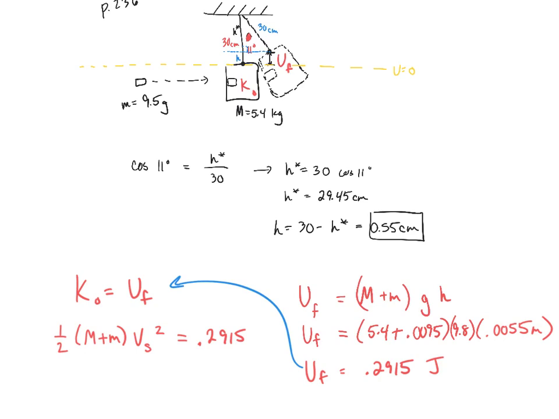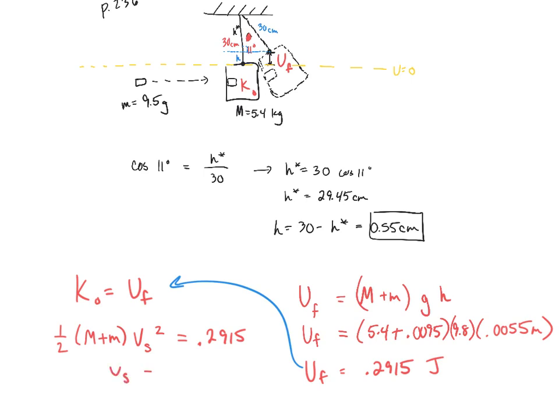So give me the velocity of the system, which is the velocity at this moment right here. That's what we're solving for right now. We're looking at the velocity right here when this bullet just embeds itself into the block. It gives it velocity to get it moving, and that's this velocity here. And they're combined, so we put big M plus little m.